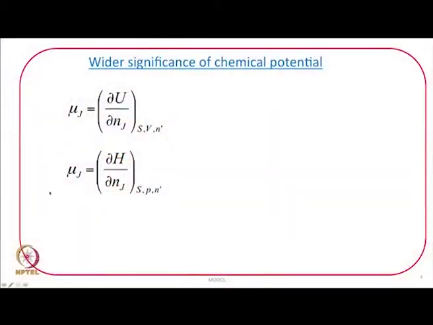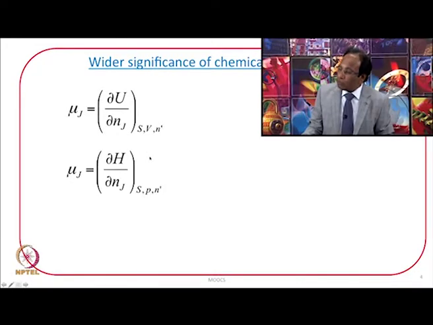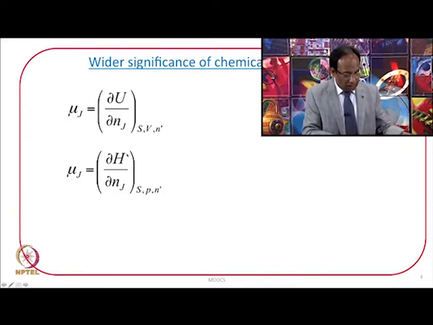Let us move further and establish another relation. We show that the chemical potential in a mixture of a species j can also be expressed in terms of enthalpy. Let us use that.